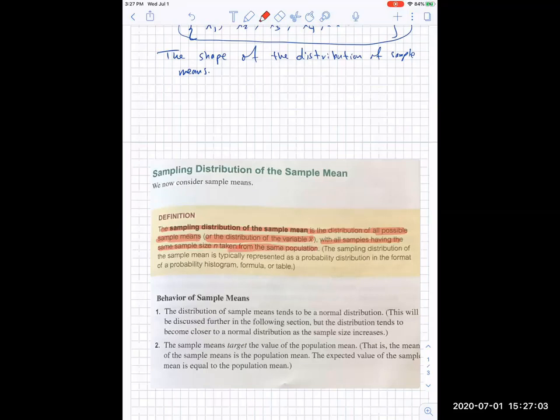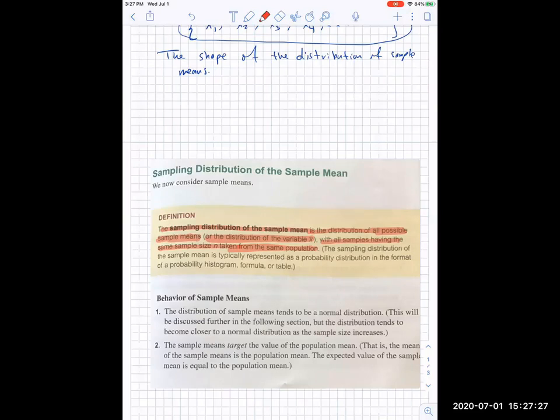We take all the possible samples of the same size from the same population, and when we collect these sample means, we look at the distribution, the spread. How are they clustered together? Are they spread out? We want to discuss the behavior of this statistic.